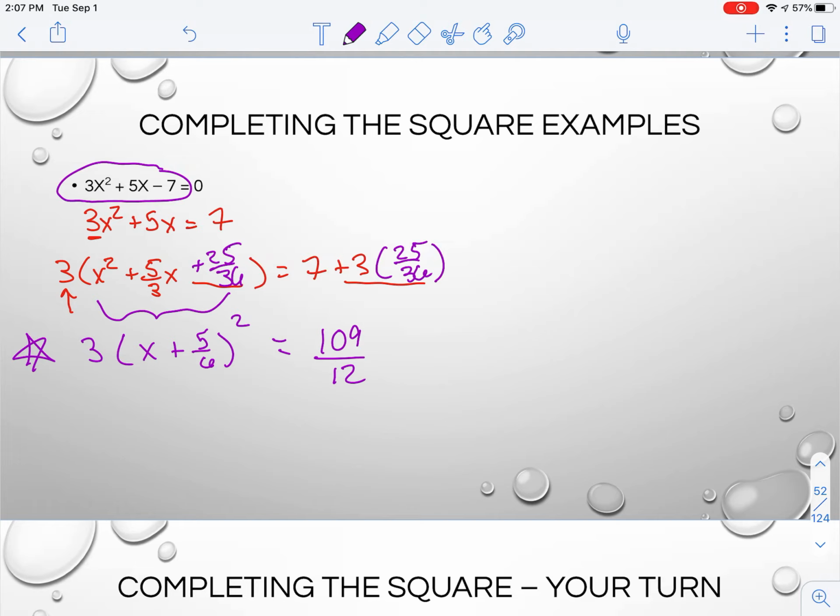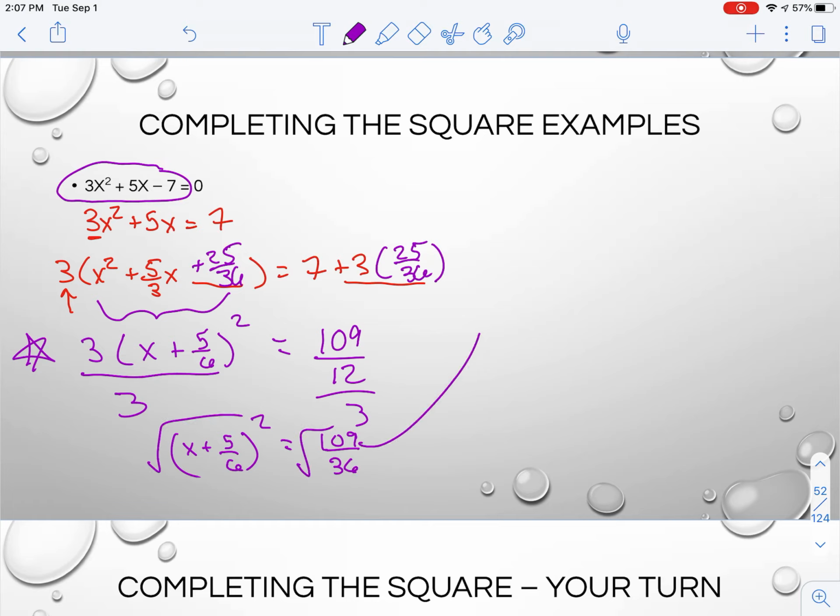All right, so to get to x, I'm going to divide everything by 3. That's 109/36. Take the square root of both sides. I'll come back up here.